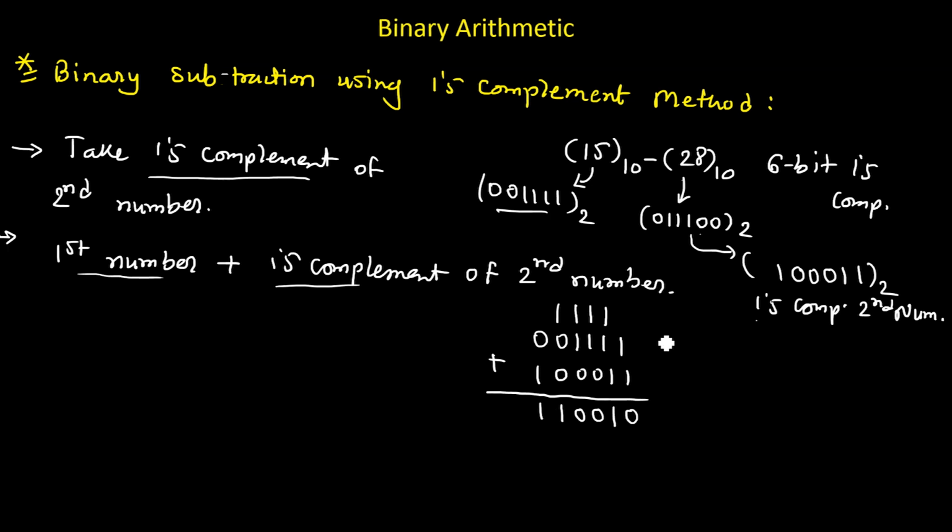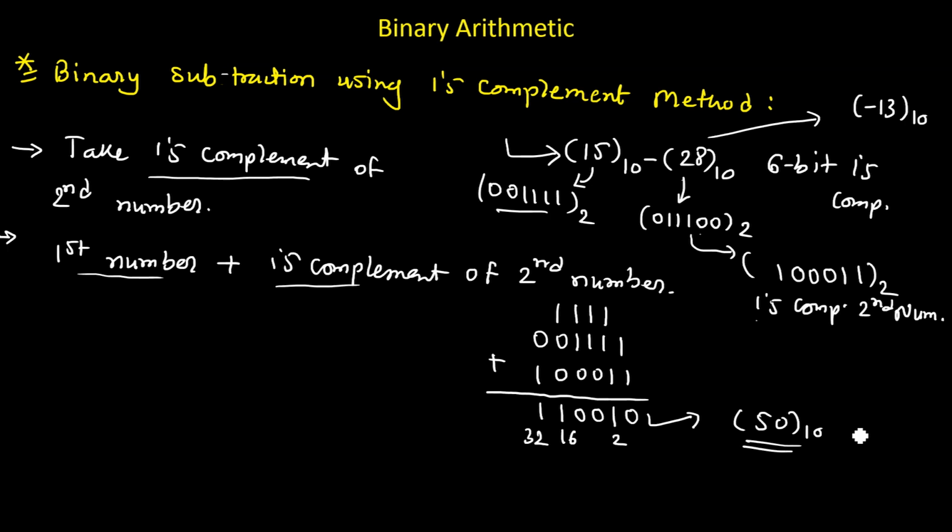Now if you subtract these decimal numbers directly, then you get the answer equal to minus 13 in decimal. But if we convert this binary number, then we get 2 plus 16 plus 32, so if we add all these numbers, then we get 50 in decimal. That is an incorrect answer.